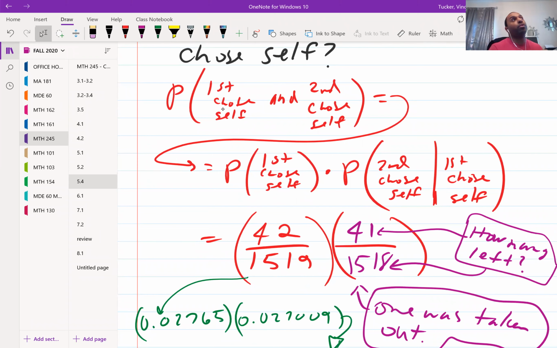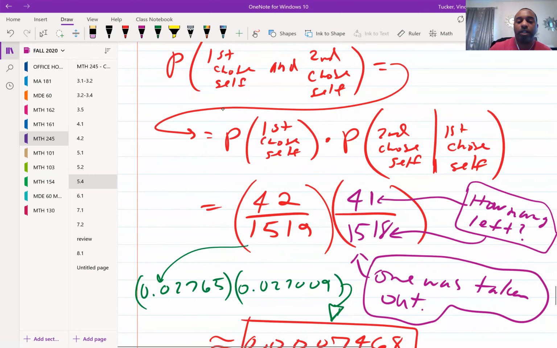So you chose one out of the 1519, and one of those people was out of that 42 that chose self. So that means there's only 41 people left that chose self, and there's 1,518 people left in total. So that's why each one of those categories goes down by one. So one was taken out in each case.